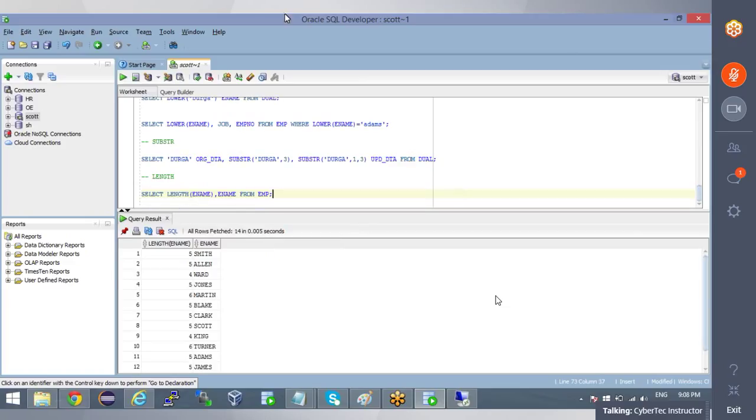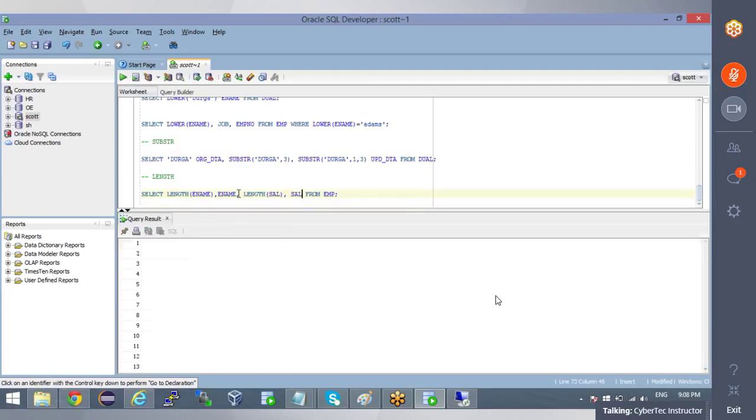When I execute this part of the query, you see Smith is a 5-letter word. Miller, 6-letter word. So the length function is going to calculate the length of that particular given input string.